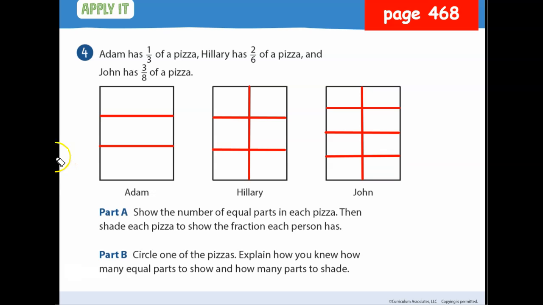So how many sections am I going to shade in? Okay. Hillary says she has 2/6. How many sections am I going to shade in? Two. And then John says that he has 3/8. How many sections am I going to shade in?